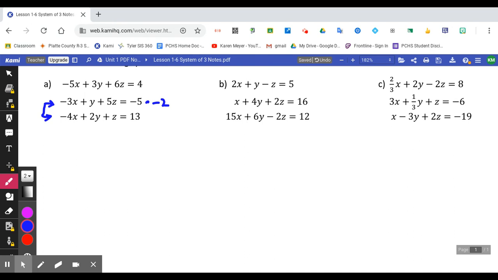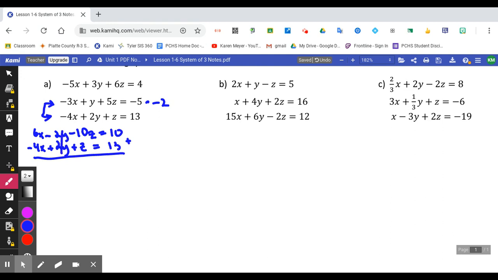So that will give me positive 6x minus 2y minus 10z equals 10. The bottom one I'm going to leave alone. Negative 4x plus 2y plus z equals 13. And then I'm going to add.